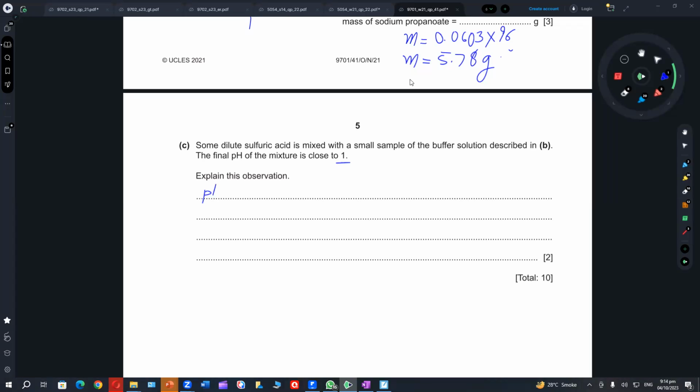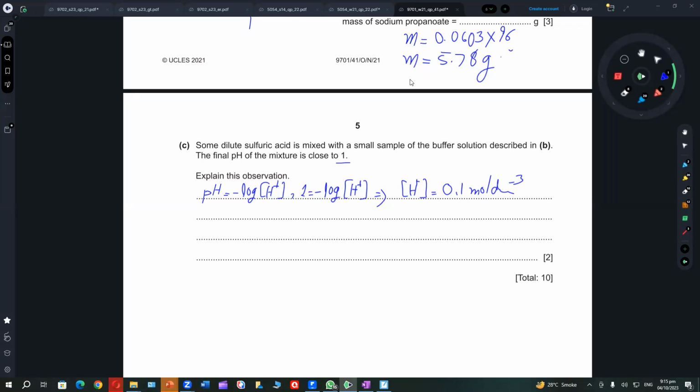So if pH is equal to minus log of H plus, and it's 1, then H plus will be equal to 0.1. It's a very strong acid.